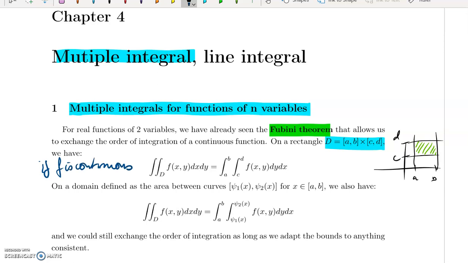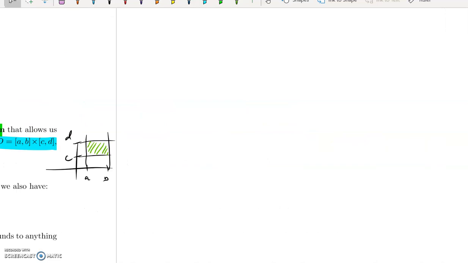And that may be a good occasion to start with a nice counterexample of Fubini.